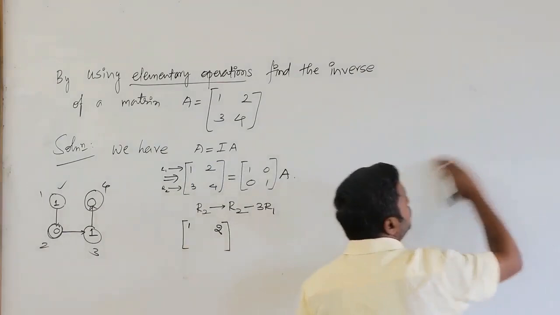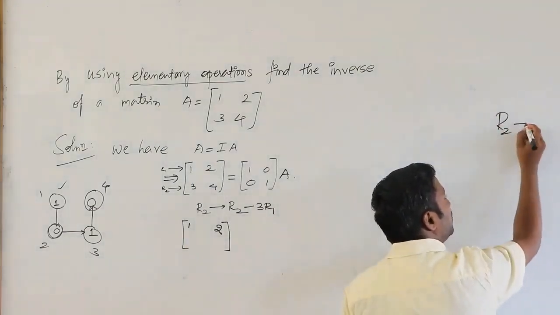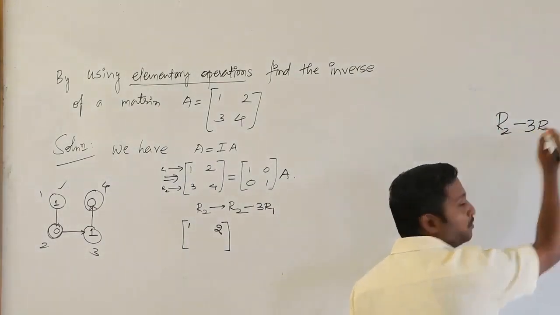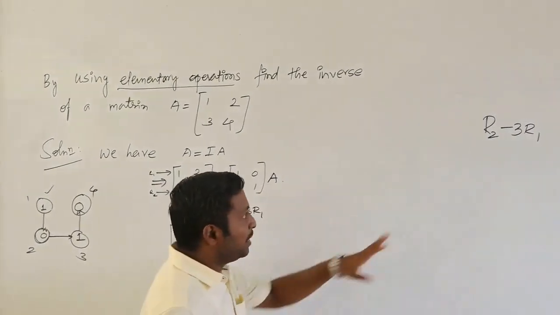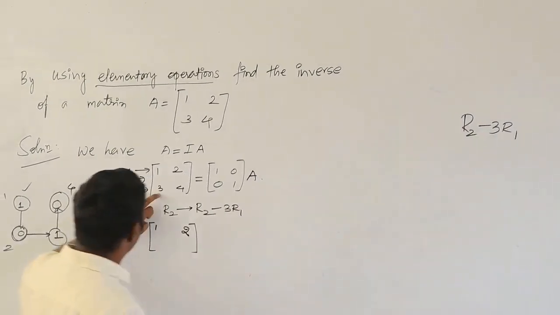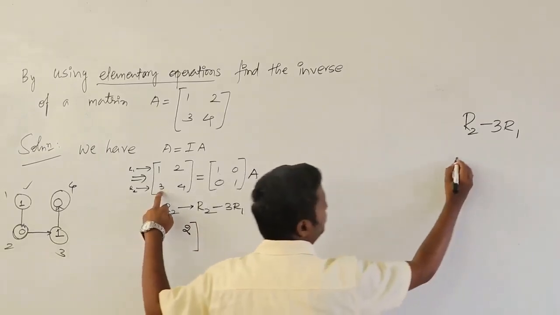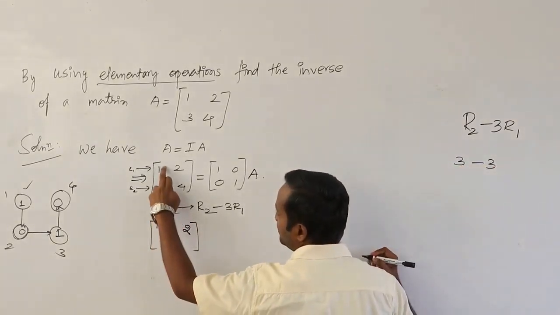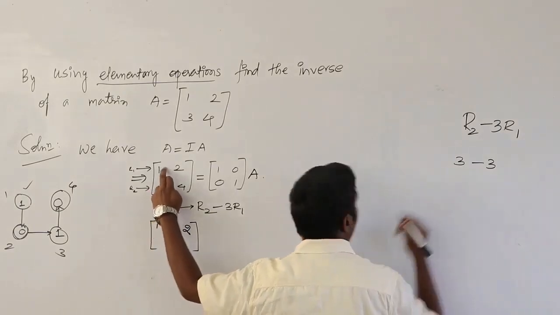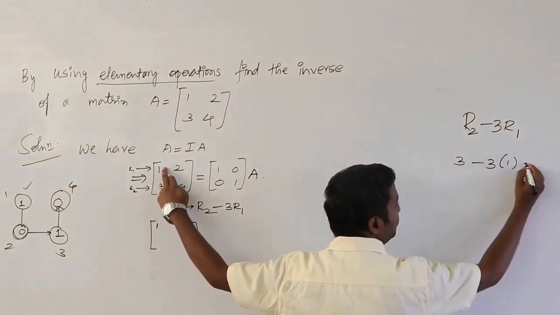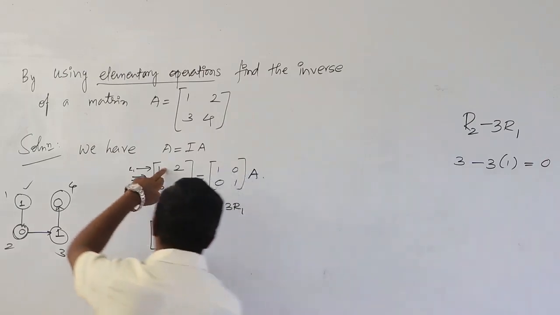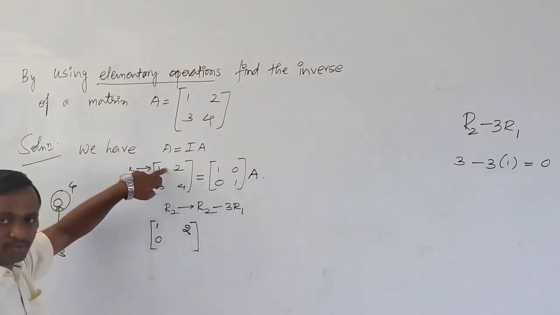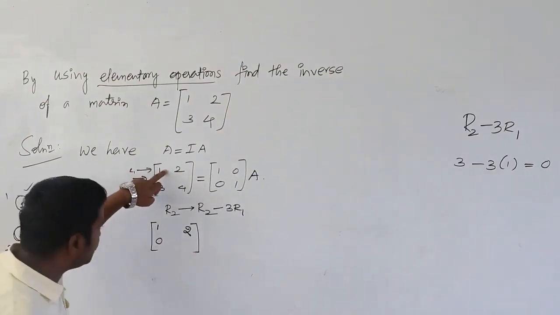R2 minus 3 R1. It is replaced. The R2 value is 3, minus 3 times the R1 element corresponding to that. The element above is 1. So this becomes 0. This element is 0. That's why I have taken that operation.